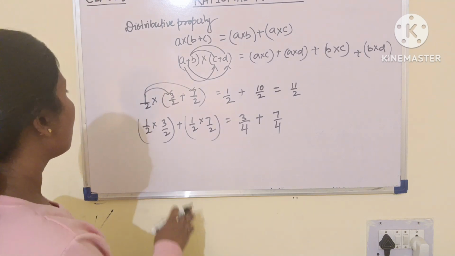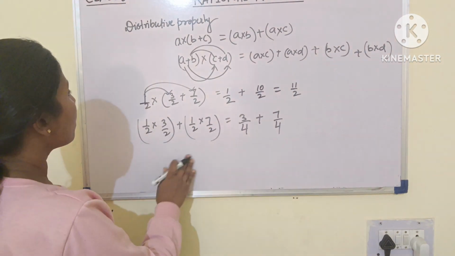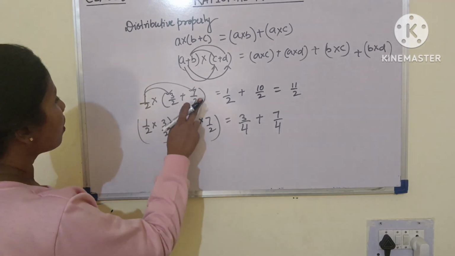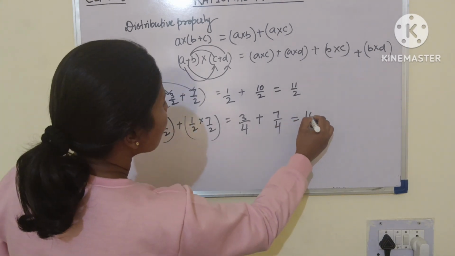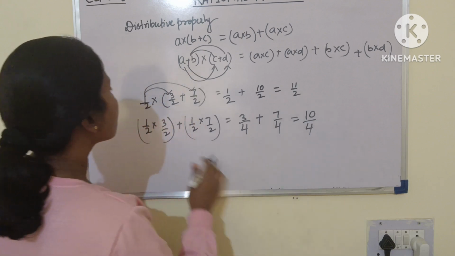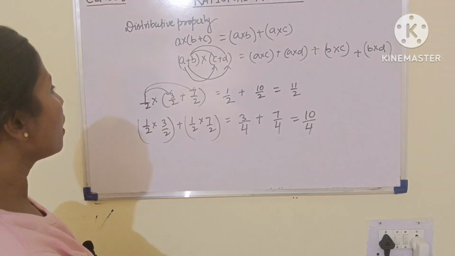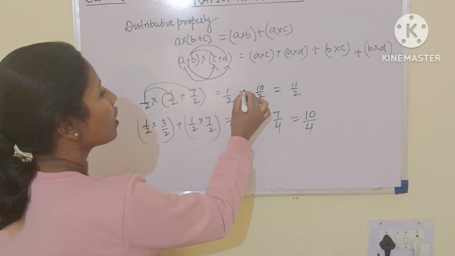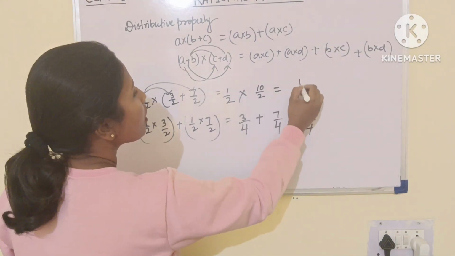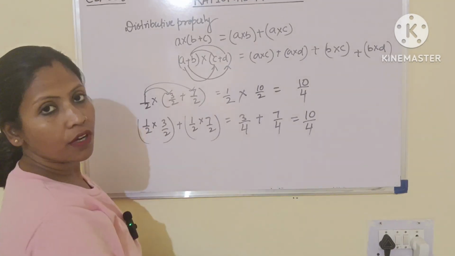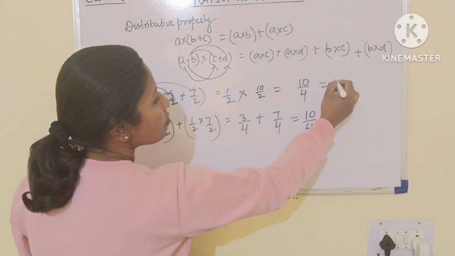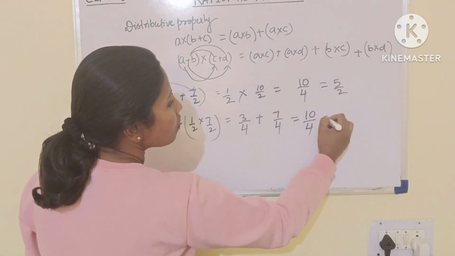So 1 by 2 and 3 by 2, 3 by 4 and 7 by 4. So it will give you 10 by 4. Something we have done wrong here. This is a multiplication, not addition. So this will give you 10 by 4. Okay. So here also 10 by 4 and here also 10 by 4. If you simplify, it will give 5 by 2. So 5 by 2.